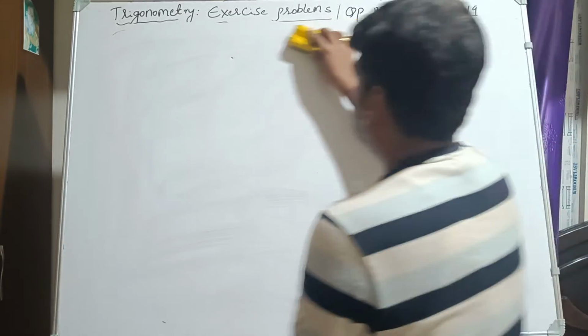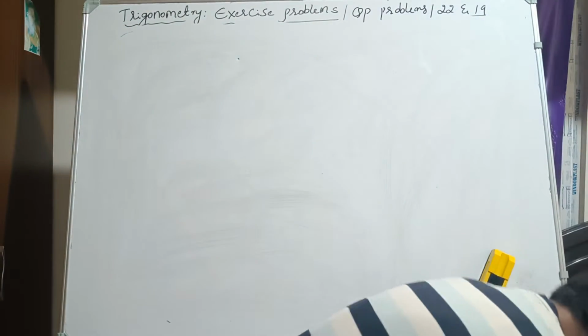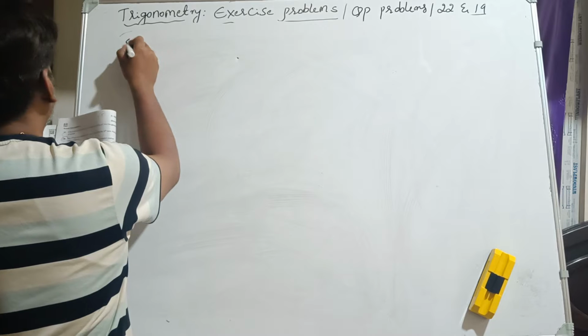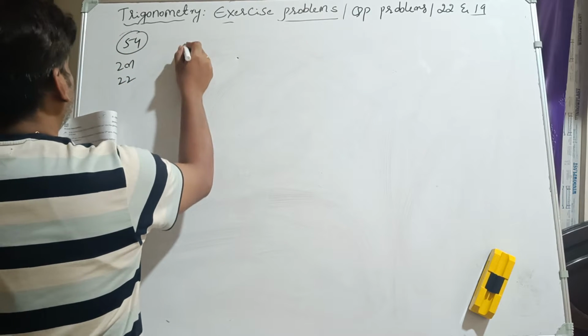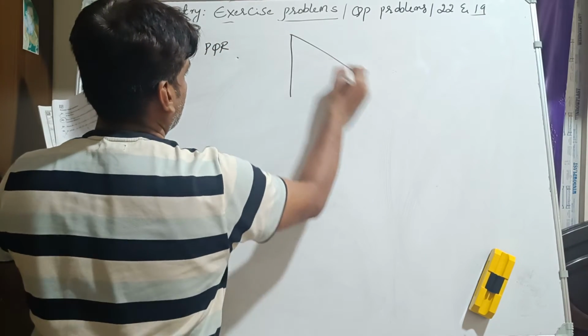So let us see 1 or 2 marks questions very quickly so that you will see how exactly they have asked this. So I will mention question number 54, asked for 2 marks in the 2022 paper. In triangle PQR, I will draw the triangle.